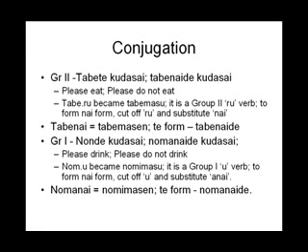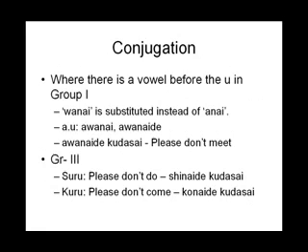For group 2, masu was substituted by nai. For group 1, imasu was substituted by anai. Except for one exception which we shall see in the next slide. There were many subgroups of group 1 verbs for forming the te form. But for forming the masu form, we did not have that many variations.